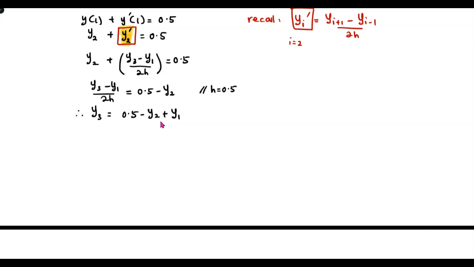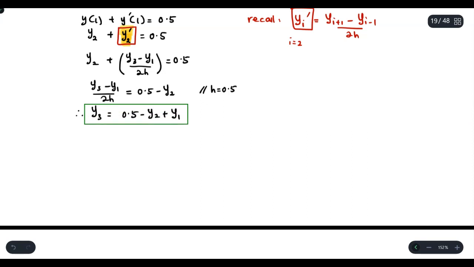Whenever you encounter the y3 term in your calculation, you will replace it with 0.5 minus y2 plus y1. But for now, we are just going to put this as an equation. I'm going to assume this is E. So later on, we'll refer to this for y3. So that is your step number 2.